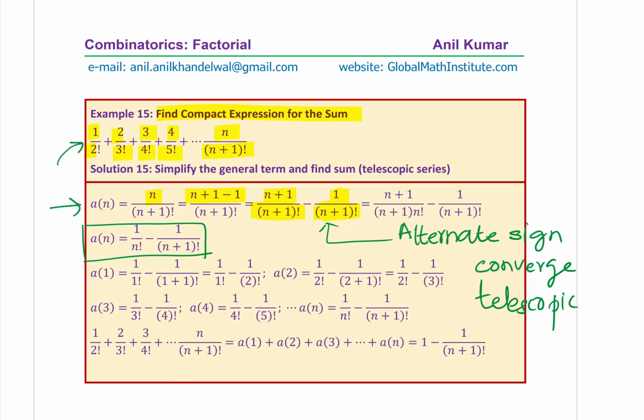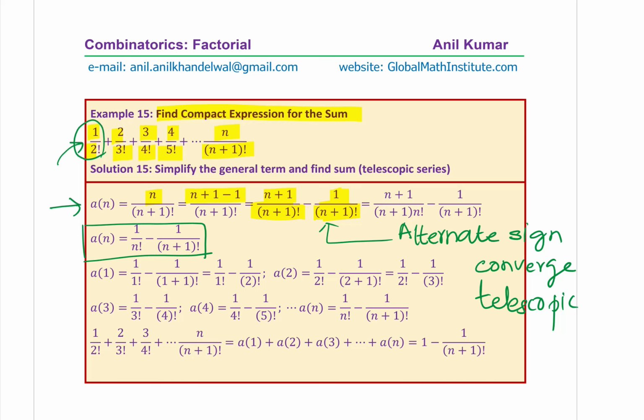So we can now replace each term with this particular sequence, where an is n over (n plus 1) factorial. If I put n as 1, I get 1 over 2 factorial, which is the first term. So a1 will be 1 over 1 factorial minus 1 over 2 factorial. And similarly, a2 will be 1 over 2 factorial minus 1 over 3 factorial and so on. So we get this series.